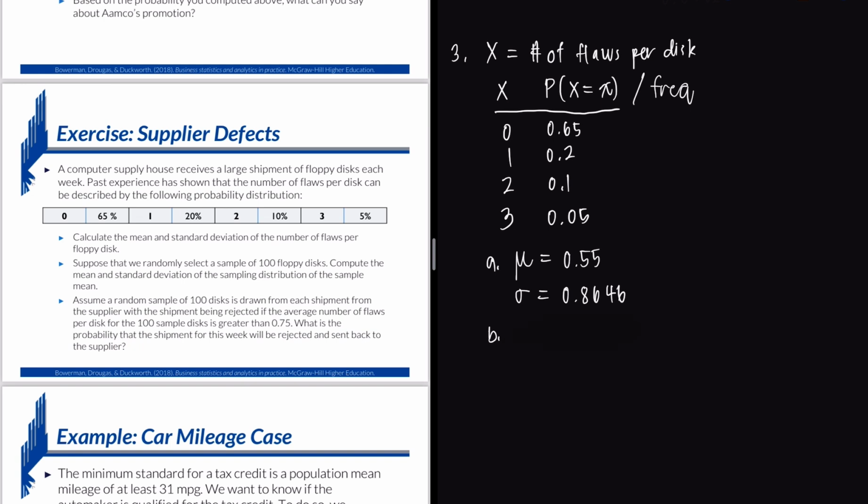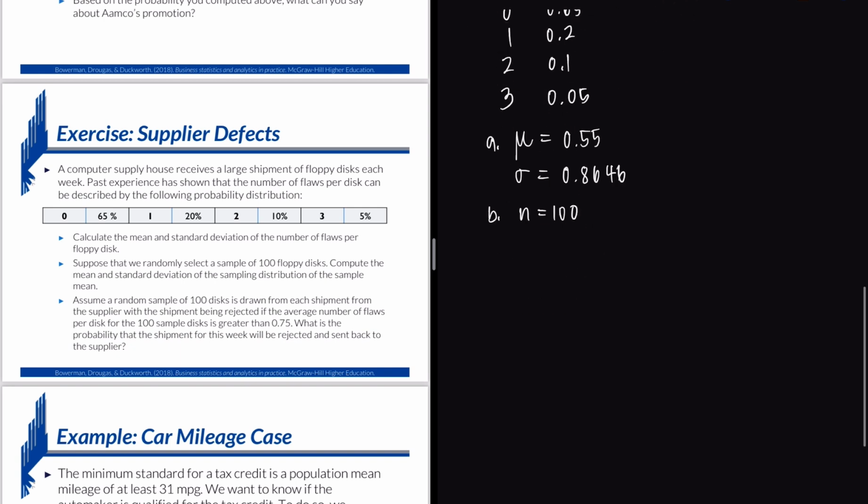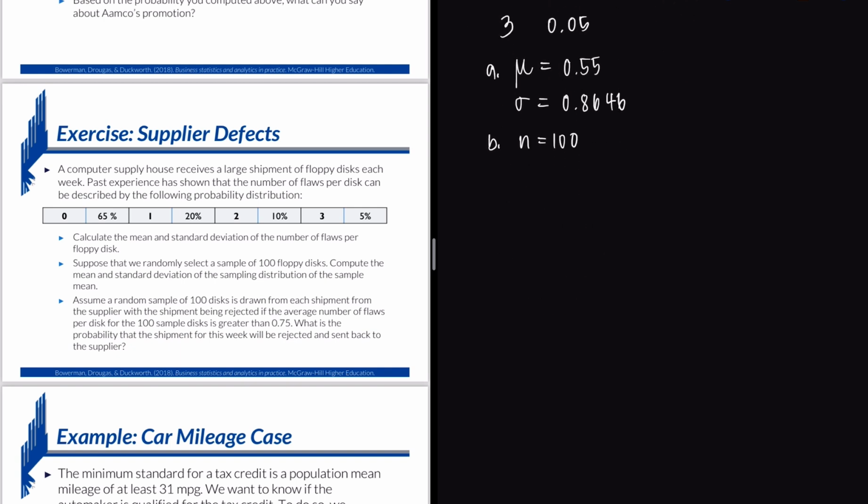Now the next question is, suppose that we will randomly select a sample of 100 floppy disks, compute for the mean and the standard deviation of the sampling distribution of the sample mean.